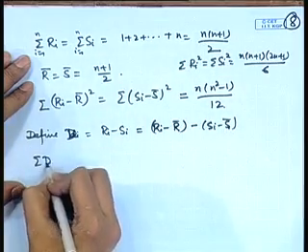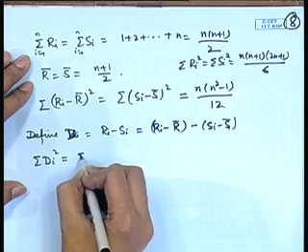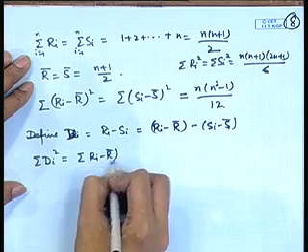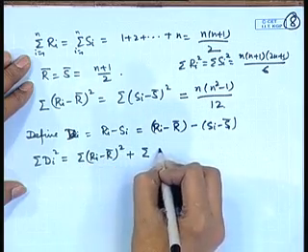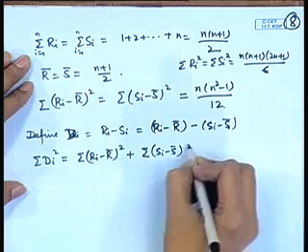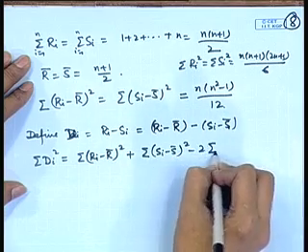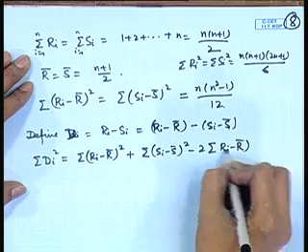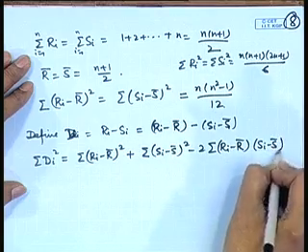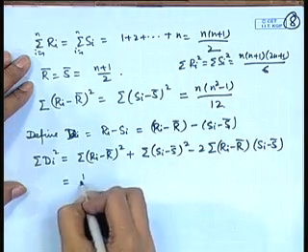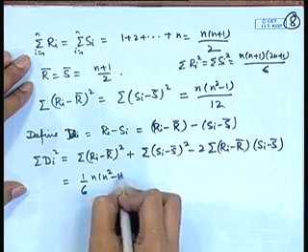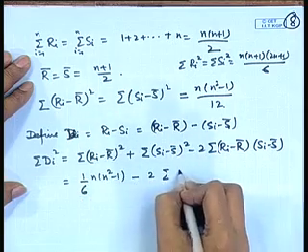So, if I look at sigma of Di square, this turns out to be sigma (Ri minus R bar) square plus sigma (Si minus S bar) whole square minus twice sigma (Ri minus R bar)(Si minus S bar). So, this turns out to be 1 by 6 n into n square minus 1 minus twice sigma (Ri minus R bar)(Si minus S bar). So, from here sigma Ri Si can be substituted in terms of sigma Di square.